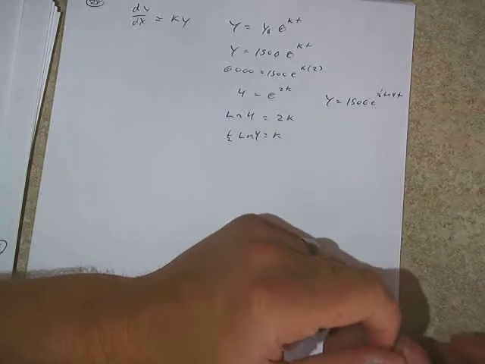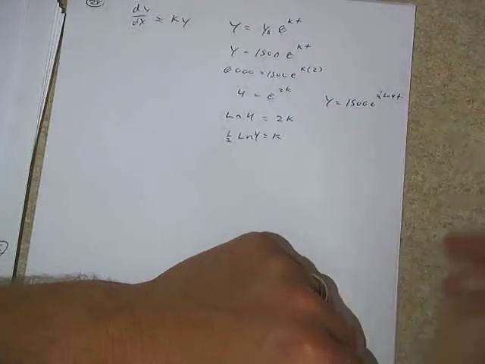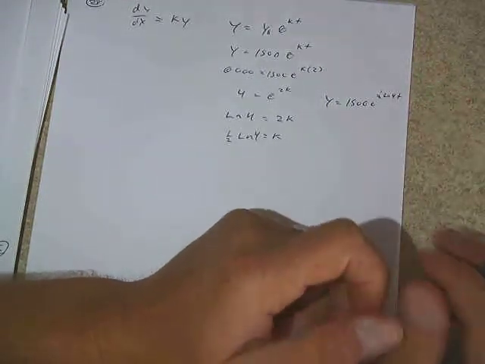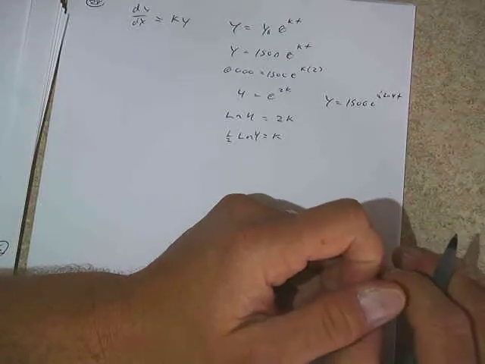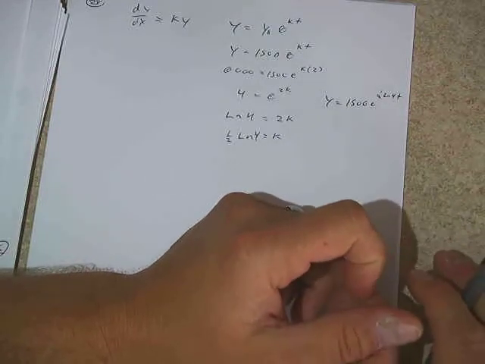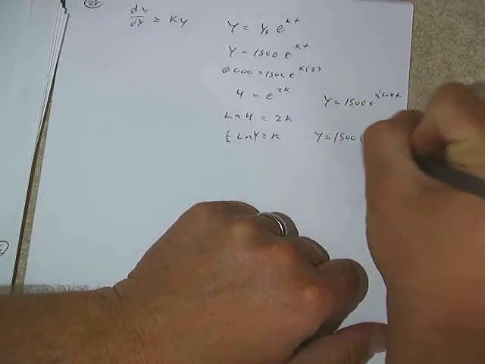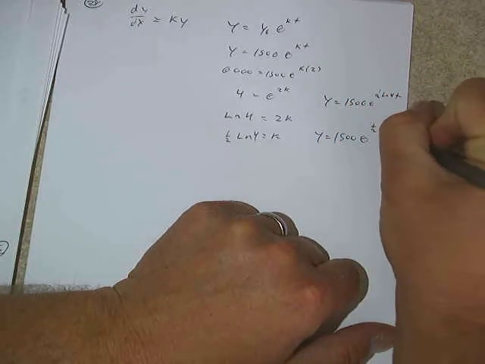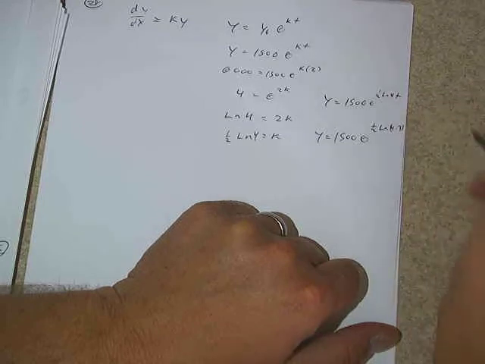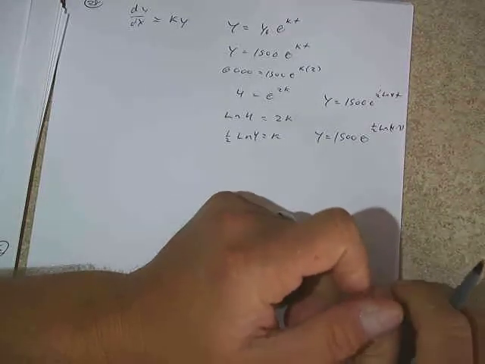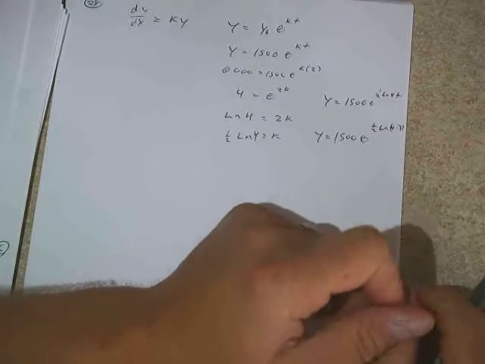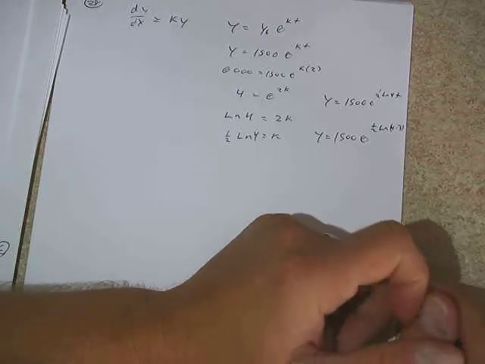True. And so we get 4 equals e to the 2k. If I do the natural log of both sides, I get ln 4 equals 2k. So I get k equals 1/2 ln 4. And so that means 1500 e to the 1/2 ln 4 t would be our model.